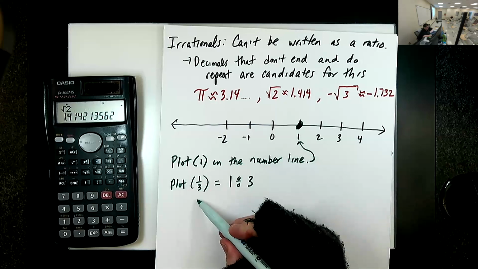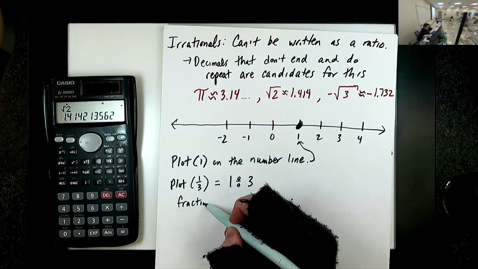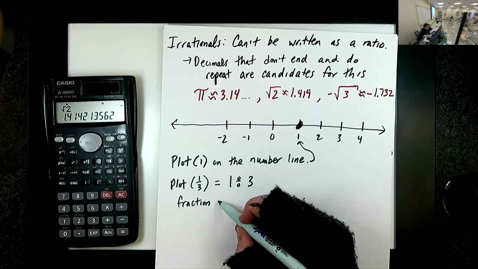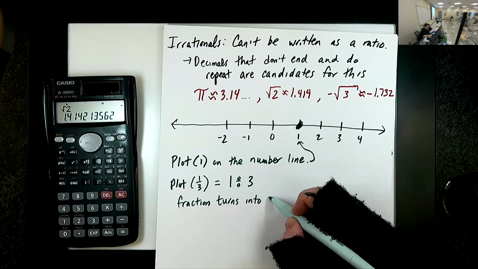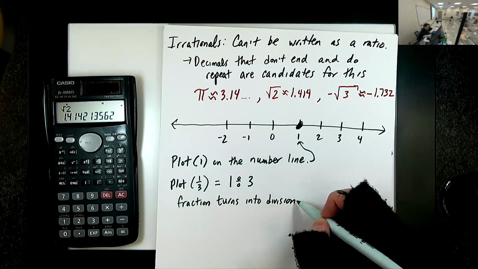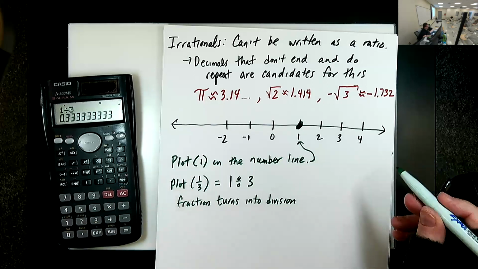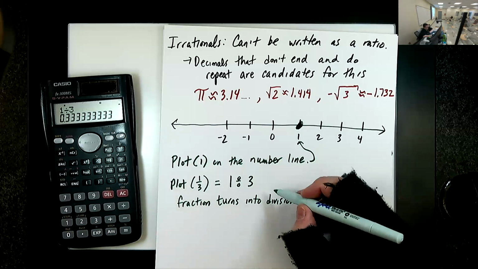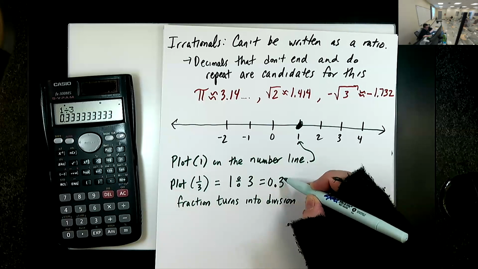The fraction bar means division, or turns into division is a better way of saying it. If I do that on my calculator, I get 0.3333333333, and it keeps going, so I'll write 0.3 with a bar.